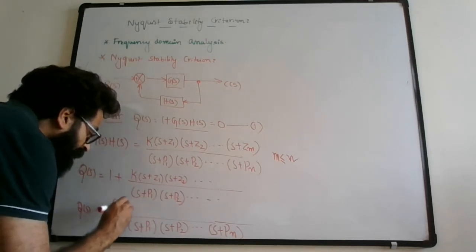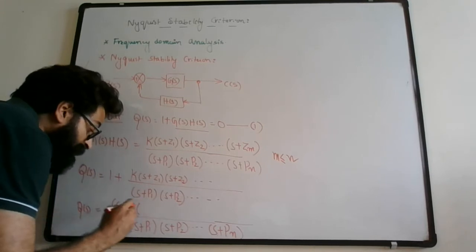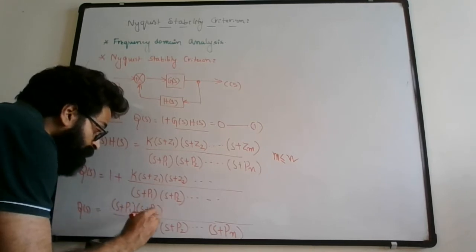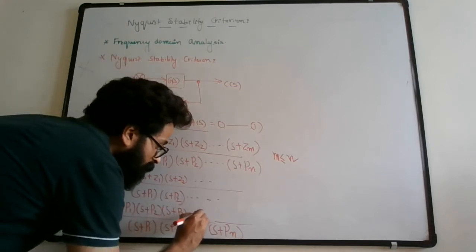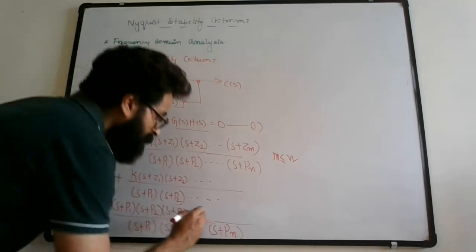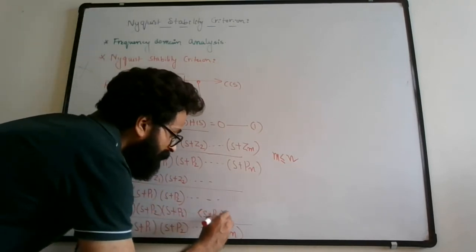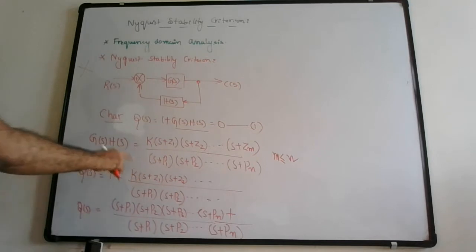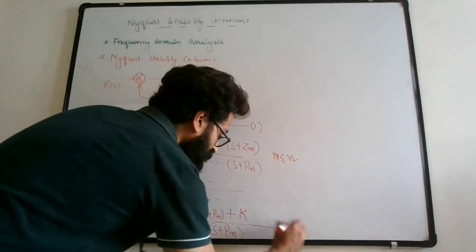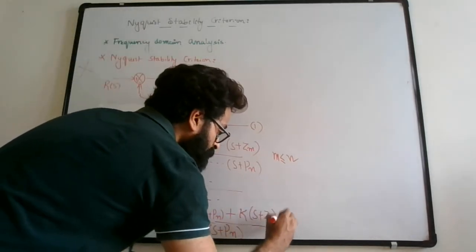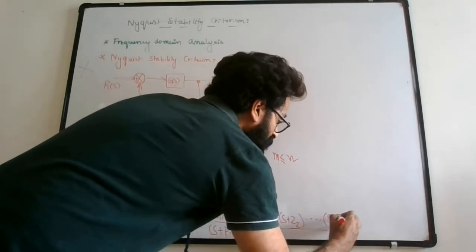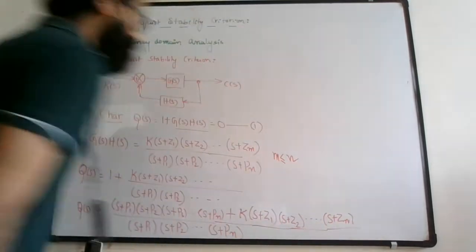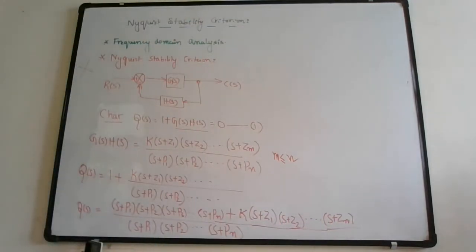Numerator will have s into s plus p1 into s plus p2 into s plus p3, so on and so forth till s plus pn, plus the numerator factors k into s plus z1, s plus z2, so on and so forth up till s plus zn. Alright, so that's your simplified Q of s.